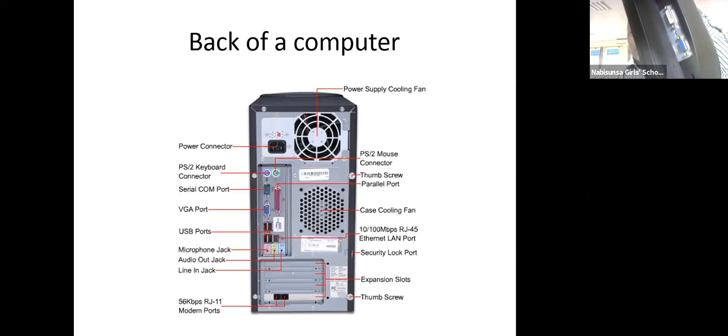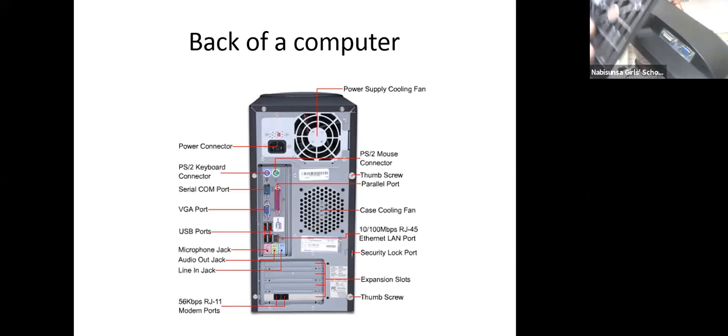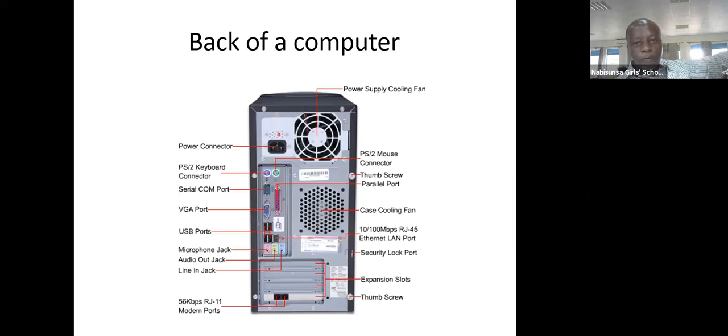You see the monitor has two connectors, but you're going to look at the one which you have here. You don't have the other. So the blue colored one is the one that connects the monitor to the computer, so that you can view what is happening in the computer.